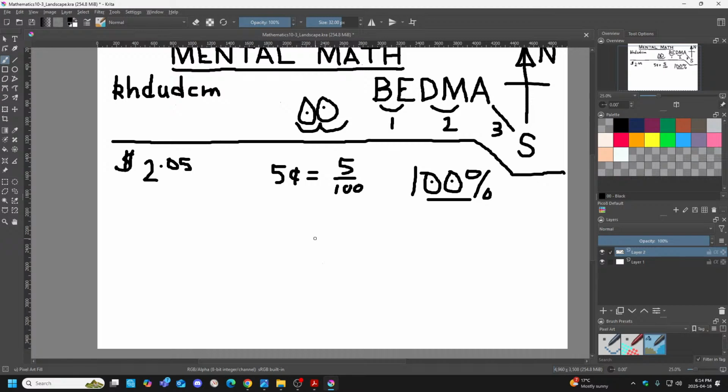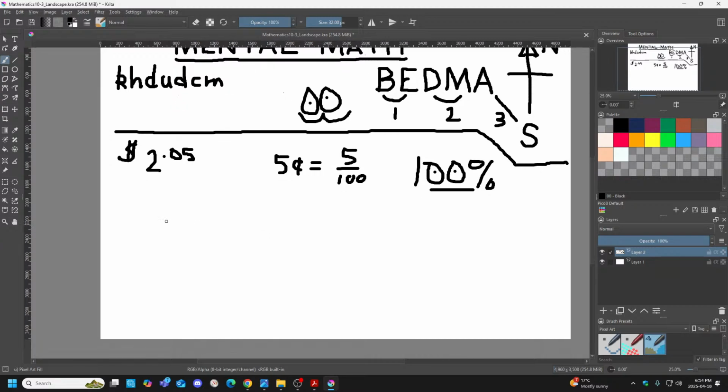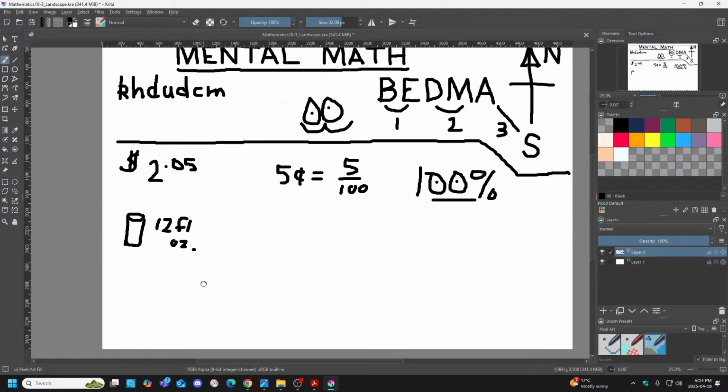So, if a drink costs $1.75, so you're buying, I don't know, your favorite 12-ounce beverage, whatever it is. Let me know in comments what your favorite 12 fluid ounces. What's your favorite? Now, everybody is allowed to have their favorite, okay?